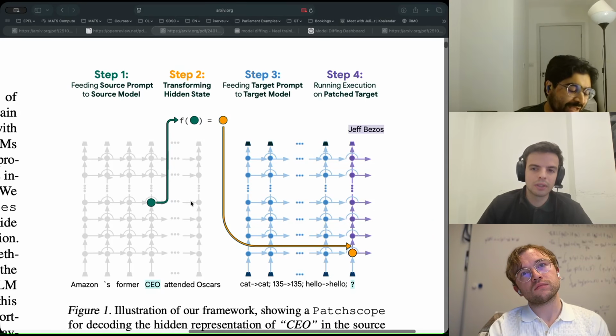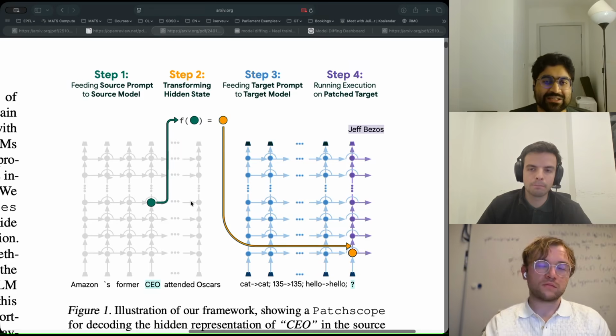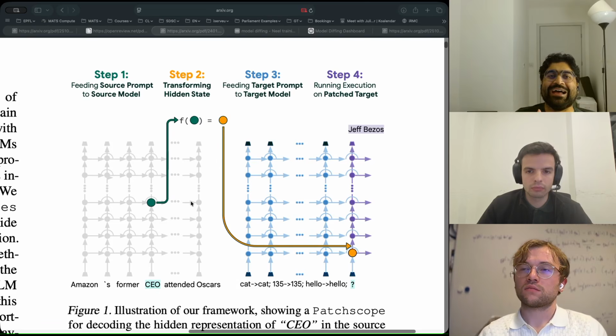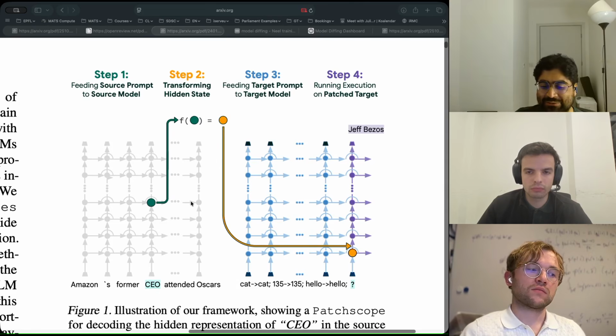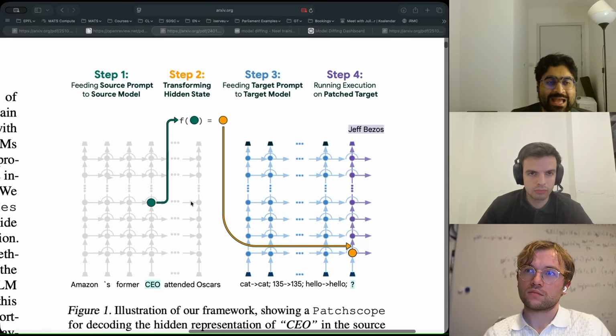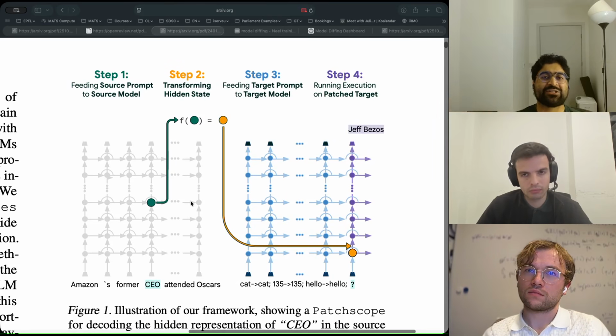I generally think of PatchScopes very much as a hypothesis generation technique. It is not reliable. It's kind of janky. And you really can't rely on it working, but it can surface interesting connections and insights that are true, as long as you verify them by other means.